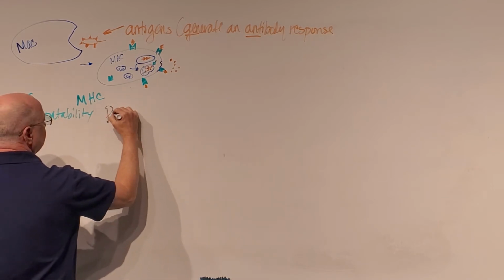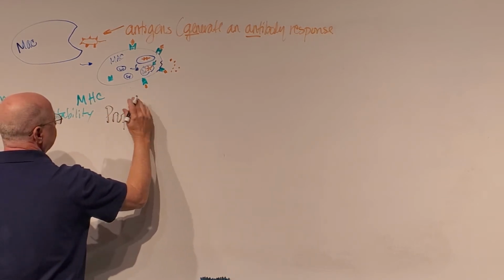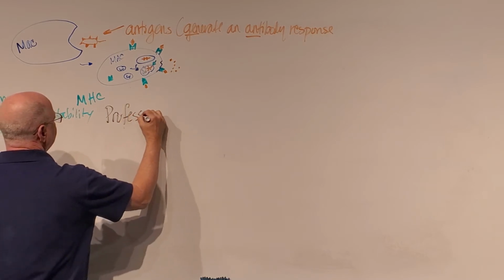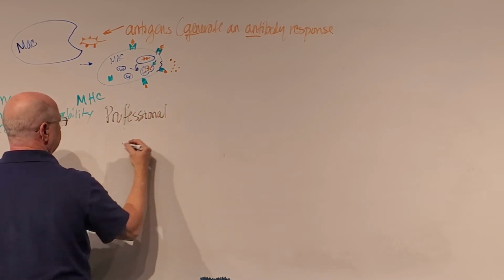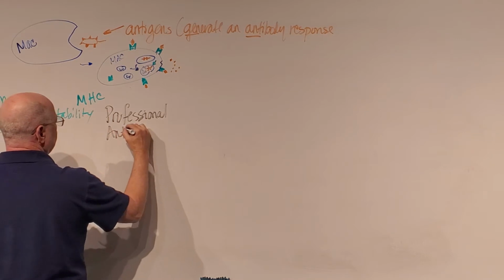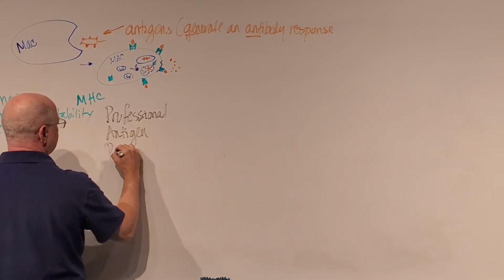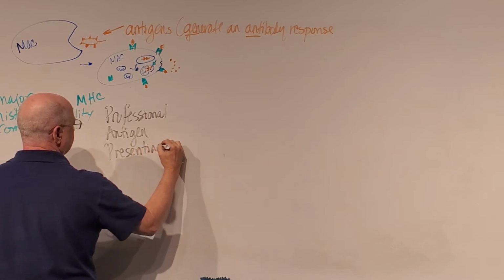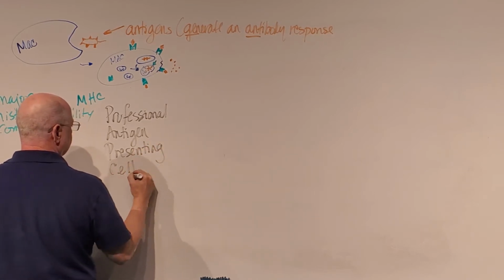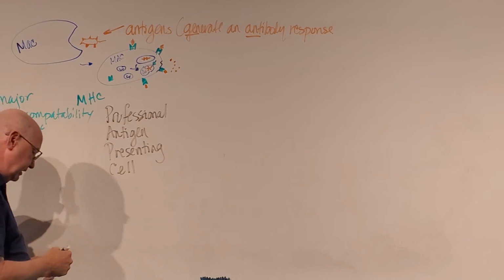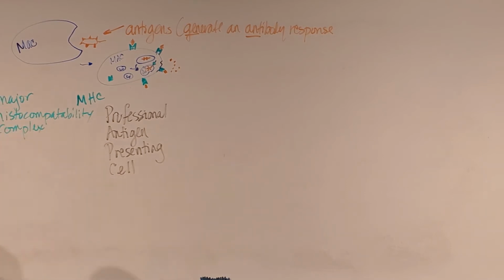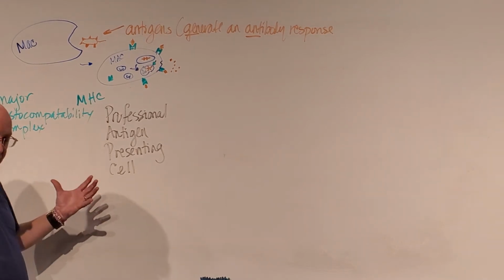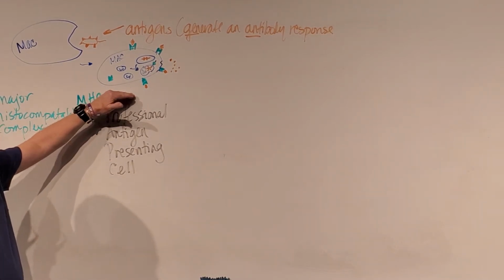Once this is done, we call this a professional antigen presenting cell. Some people use the term PAP-C, and that stands for Professional Antigen Presenting Cell. These guys are pros. Anyway, it's an antigen presenting cell.